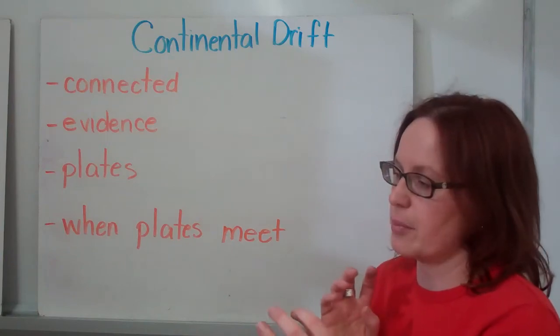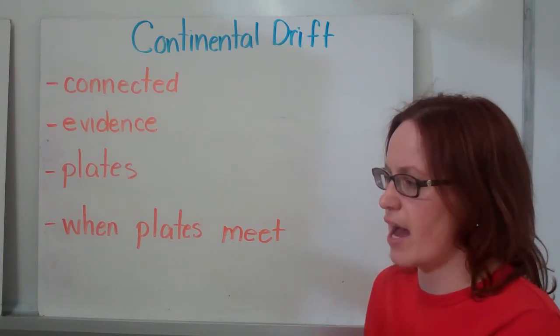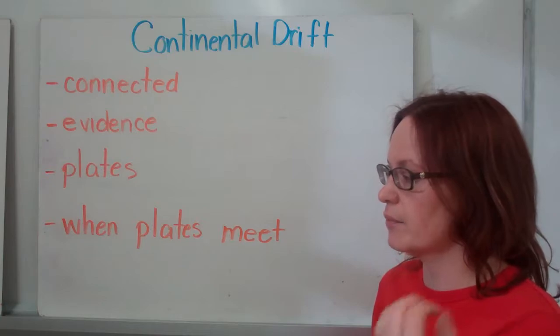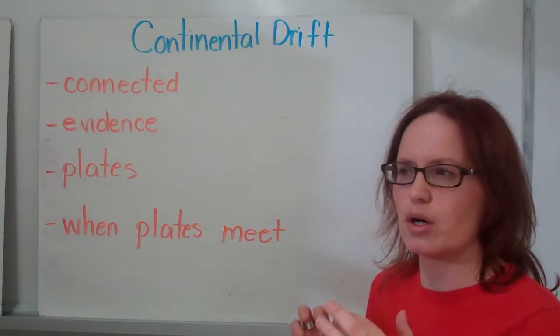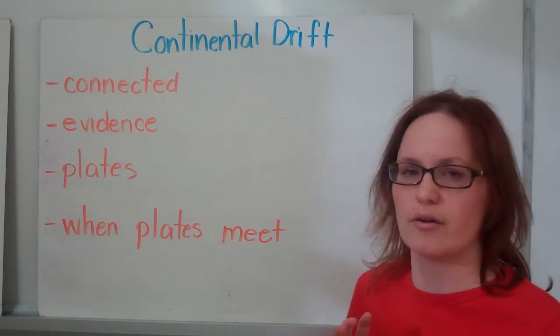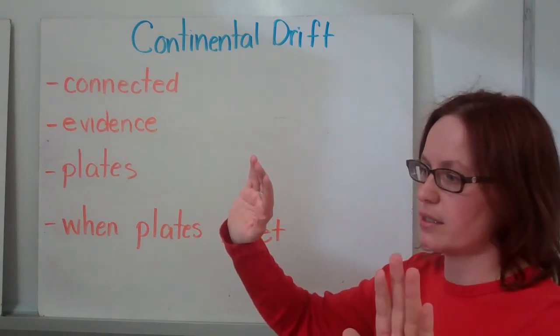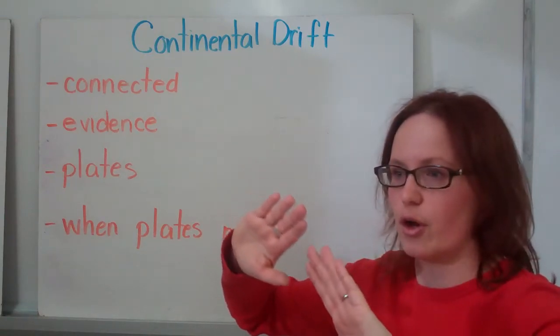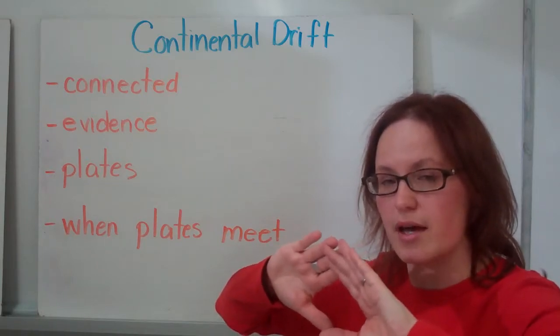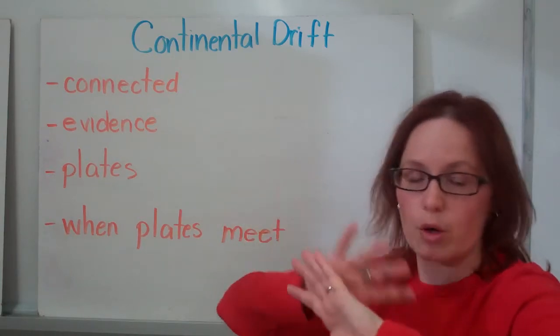So, for example, there were dinosaur bones that were found in parts of Alaska that were connected to parts of Russia. So at one point, they think that those two plates, those two continents were side by side, and those animals were in that region.